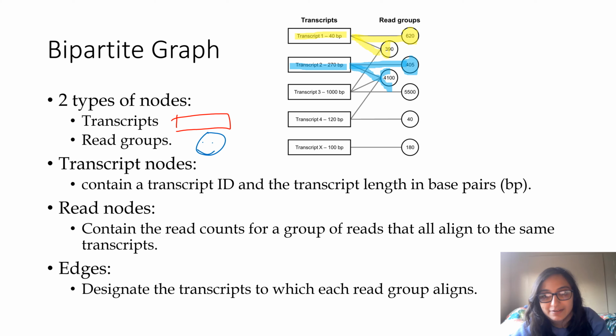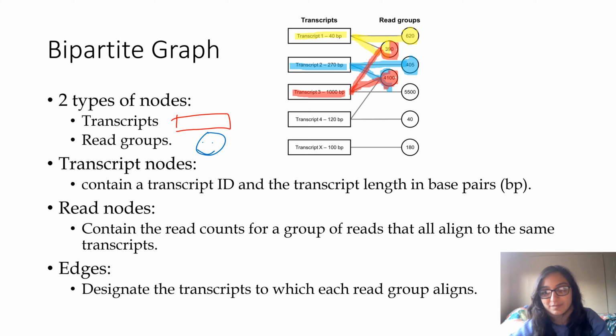Now, I know this is going to be a little bit hard to read. So transcript 3 also happens to align to the same read group of 390. So this is shared between the two. It's also aligning with this read group, the 4100, that's shared with transcript 2.